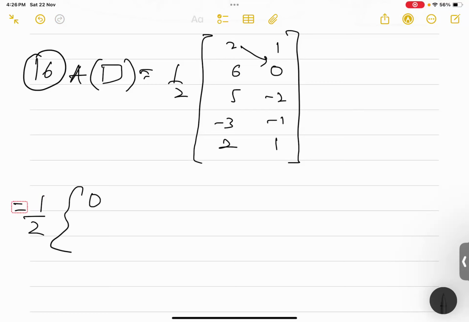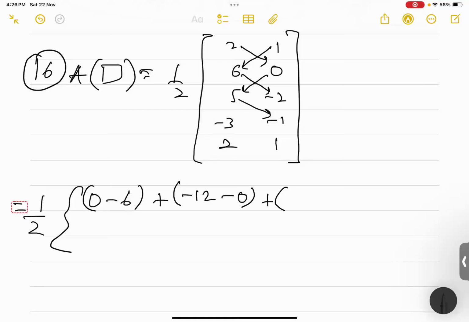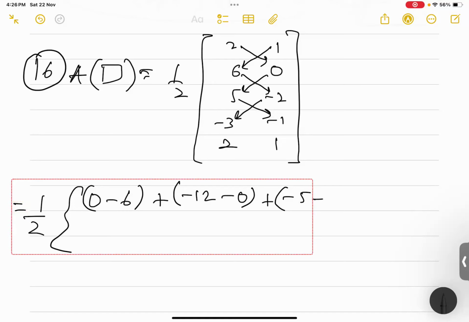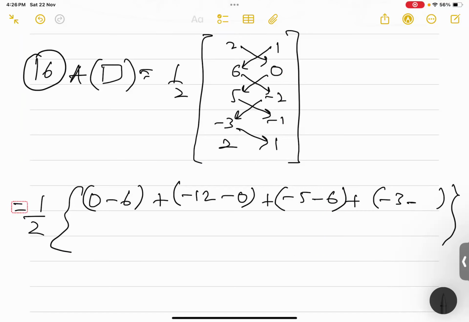2 into 0, which is 0, minus 1 into 6, which is 6, plus 6 into minus 2, which is minus 12, minus 5 into 0 is 0, plus zigzag movement with a minus sign in between. 5 into minus 1 is minus 5, minus 2 into minus 3 is plus 6, plus minus 3 into 1 is minus 3, minus 2 into minus 1 is minus 1, minus 2.